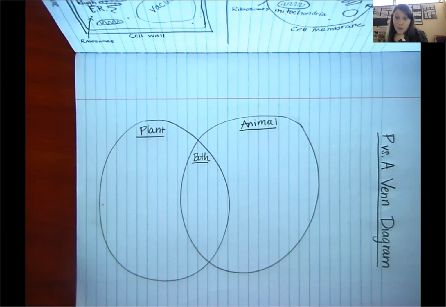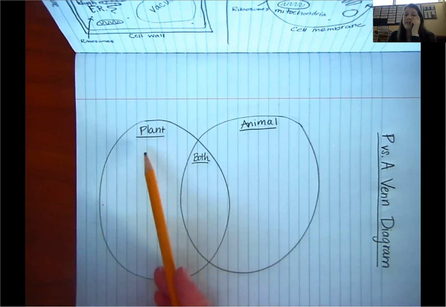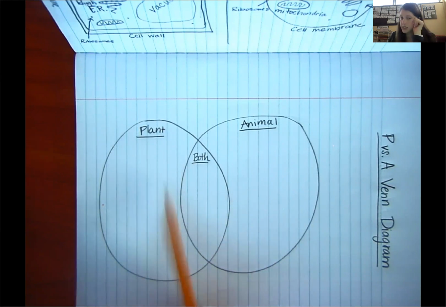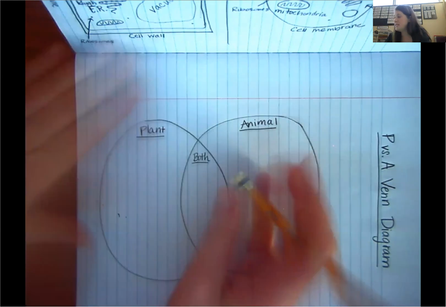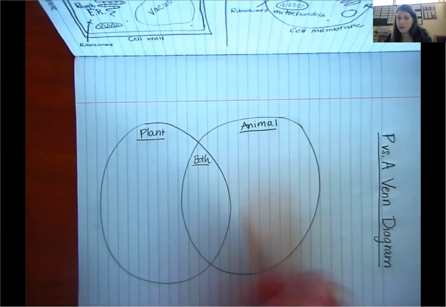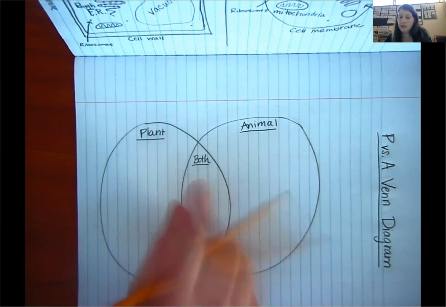I kind of wish I did that as well. Too late. You're going to do this part on your own, and I think you can absolutely handle it. You're going to say, what is specific to just the plant cell? What is specific to just the animal cell? And then what do they both share? What are their similarities? So differences, similarities.